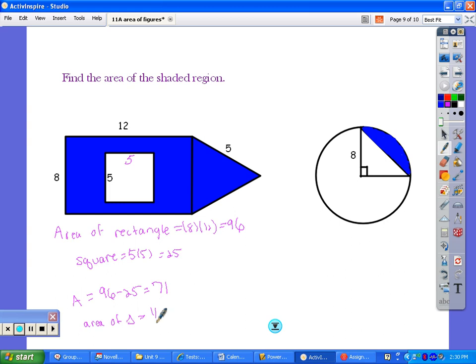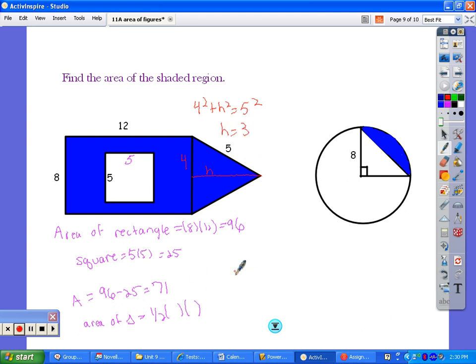And then we need to add the triangle, which is going to be 1/2 base times height. So we have to figure out what our height is. Our height would cut this in half, so that's 4. We need our height. Again, we use the Pythagorean theorem. This is the one we've been doing multiple times, so it's 3 again.